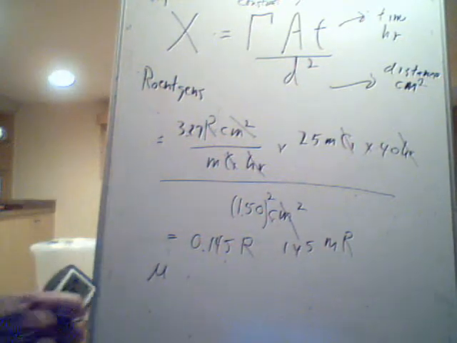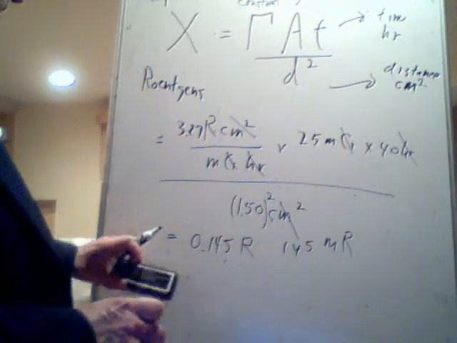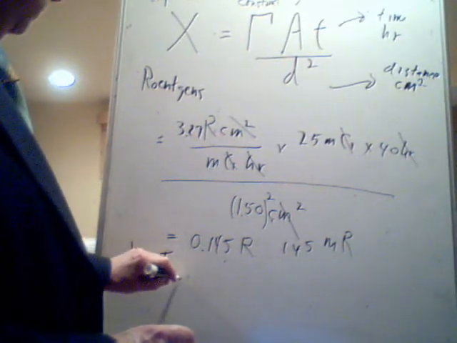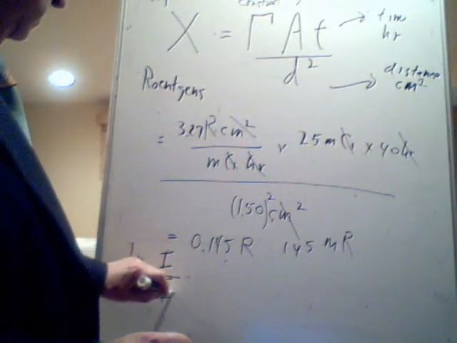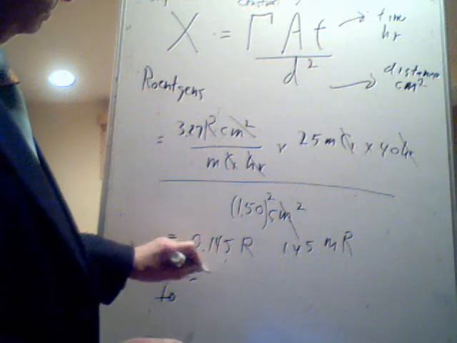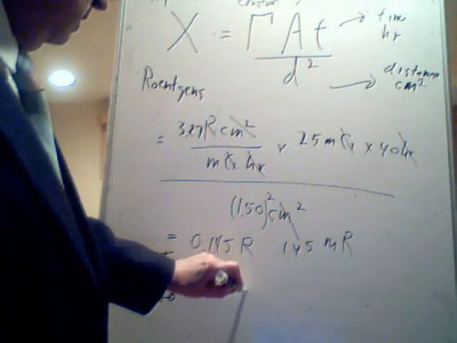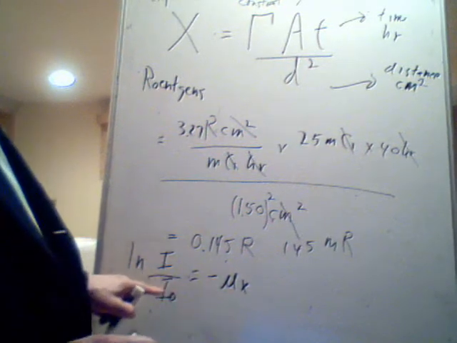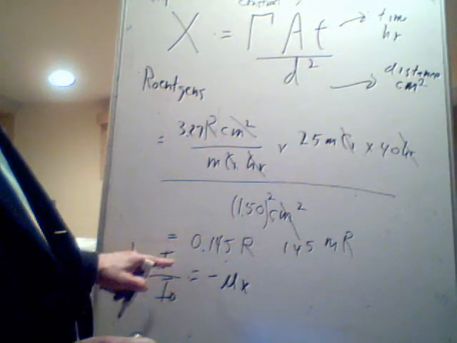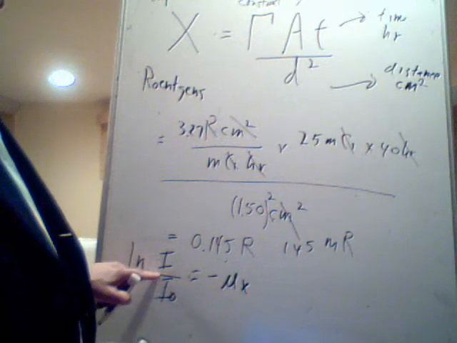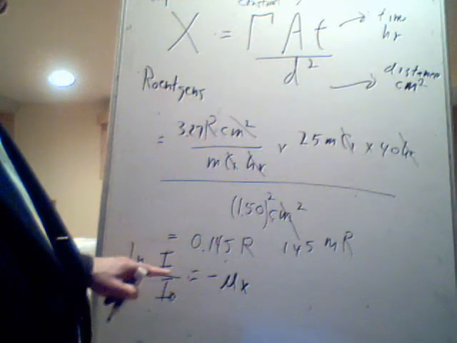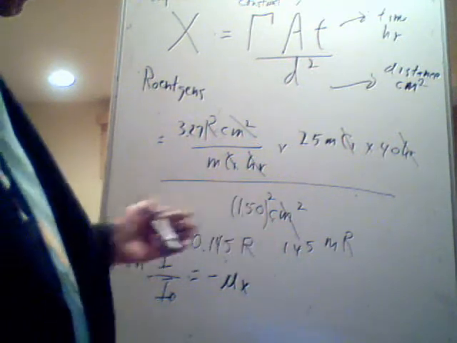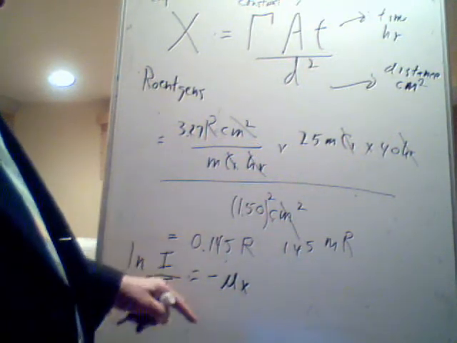And we had an equation that said that the natural log of I divided by I0 was equal to minus mu times x. You could think of these as intensities. I0 is the intensity of the radiation at the source. I is the intensity after whatever has come out of the shielding. This is what we're actually seeing out of the shielding.